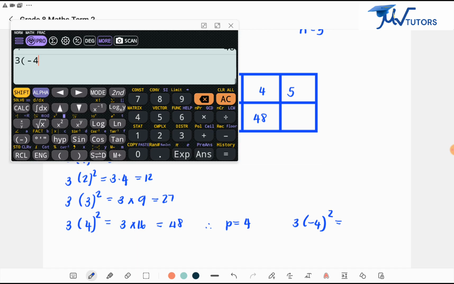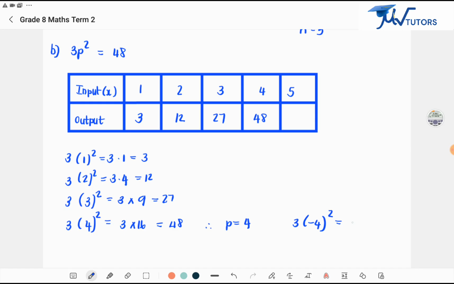Please do check, please do verify, because you want to make sure that you get the answer. So there you go, it works. You'll still get 48. So I would say p is actually equal to plus or minus 4. Okay, out of interest, let's just finish off the table, even though we have our answer.